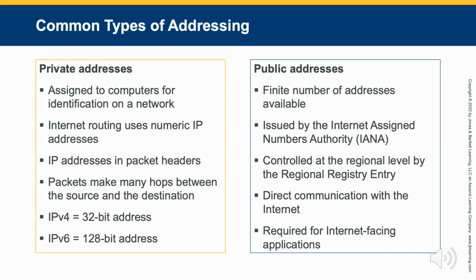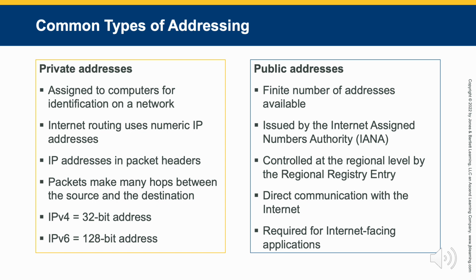Common types of addressing. Private addresses are assigned to computers for identification on a network. Internet routing uses numeric IP addresses in packet headers. Packets may make many hops between the source and destination. IPv4 is a 32-bit address, and IPv6 is a 128-bit address.